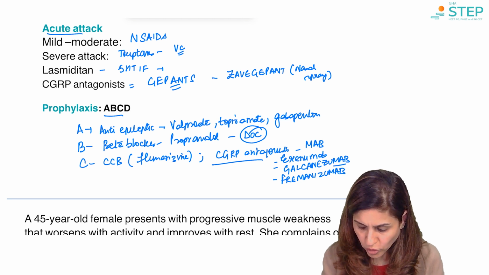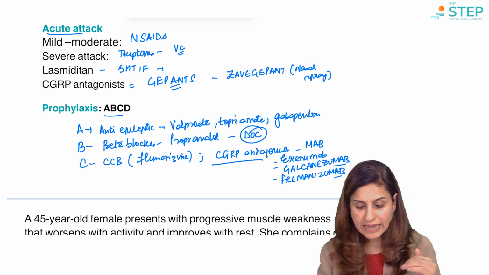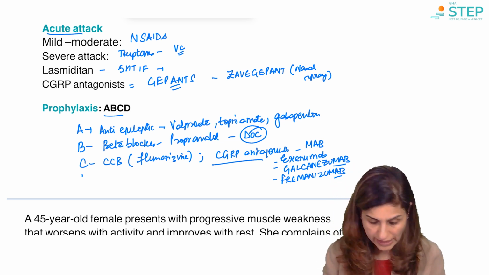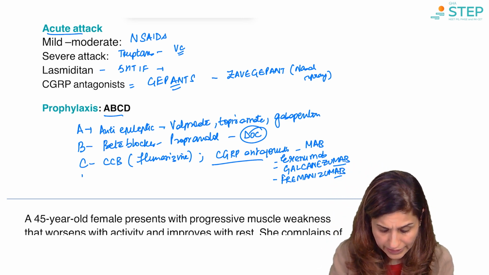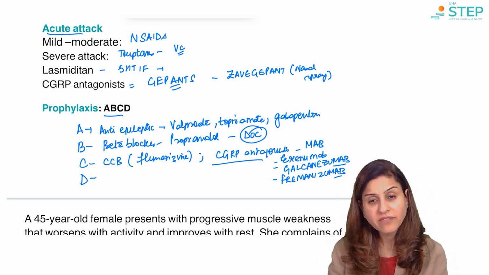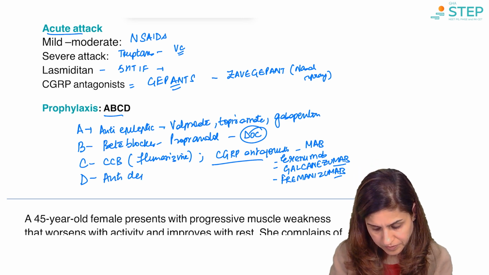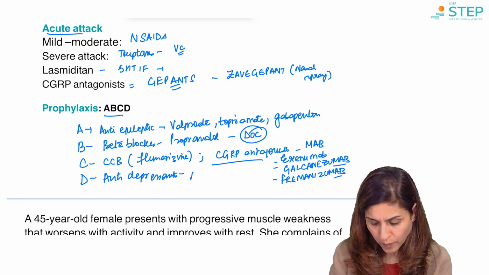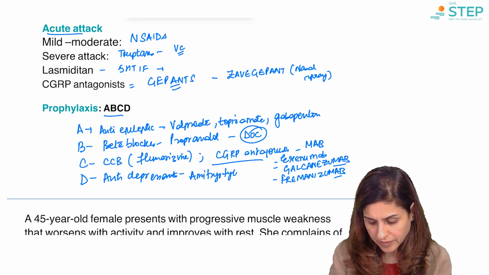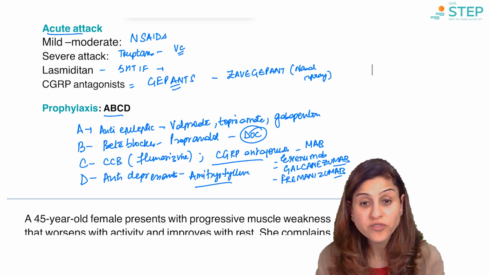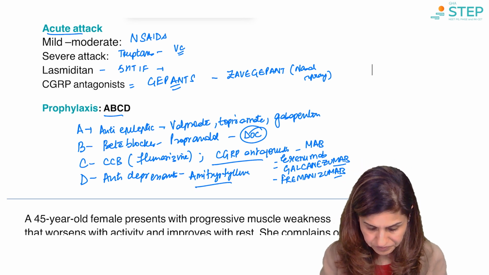So remember that the gepants are for acute attack and the monoclonal antibodies are for prophylaxis. And D, we can have the antidepressants, an important example being amitriptyline. So these are the drugs that are used for prophylaxis of migraine.